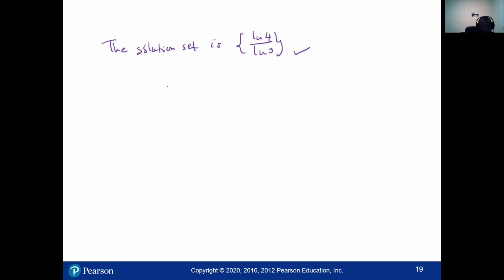If you want to know the approximate solution, natural log of 4 over natural log of 3, let me use my calculator.